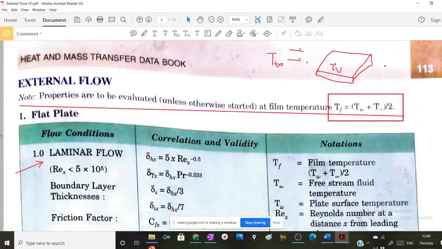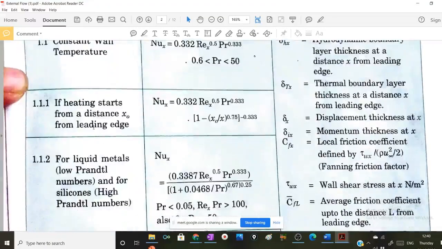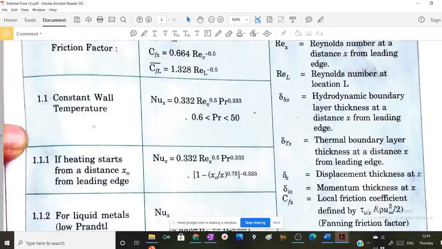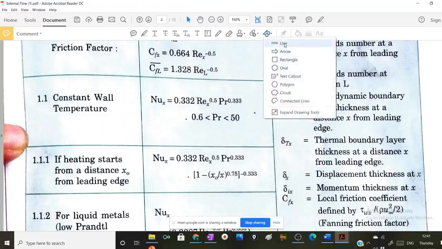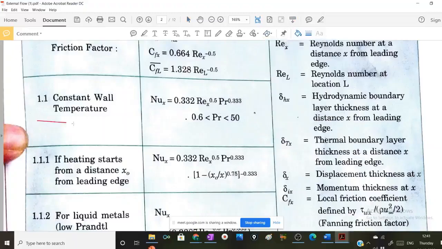Like for a flat plate, for laminar flow, one more thing you will find here. Let's say formula number 1.1, article 1.1: Nu suffix x is called the local Nusselt number. One expression is given to you for the condition of constant wall temperature.